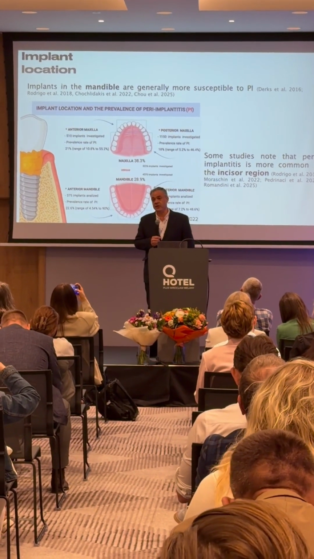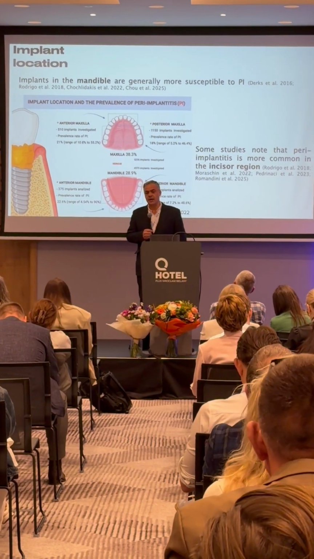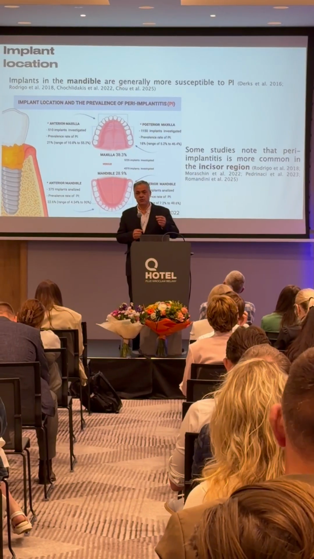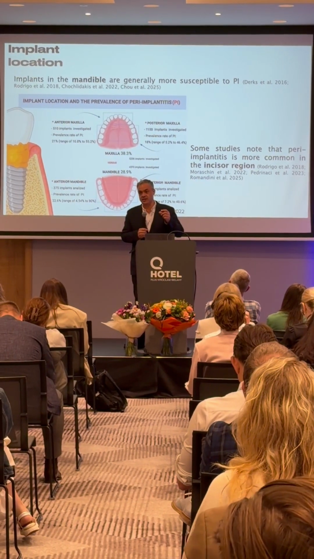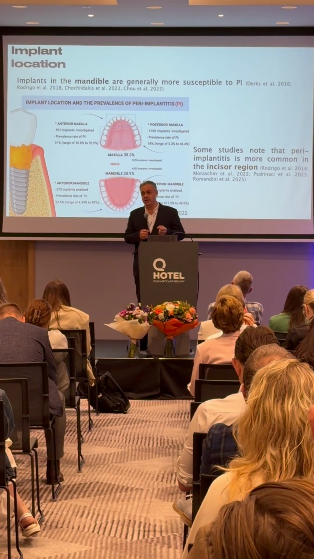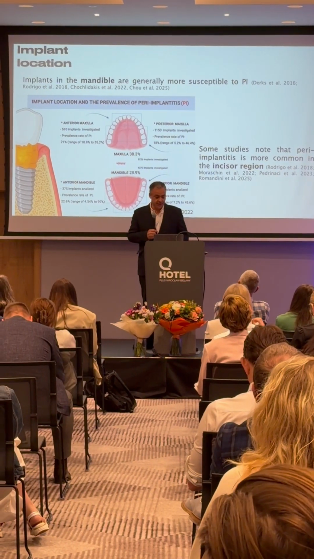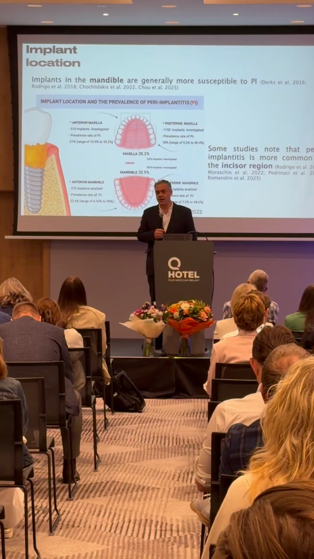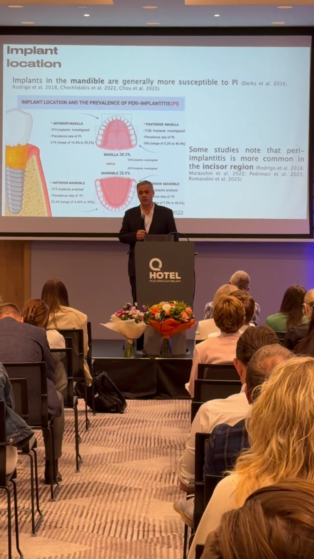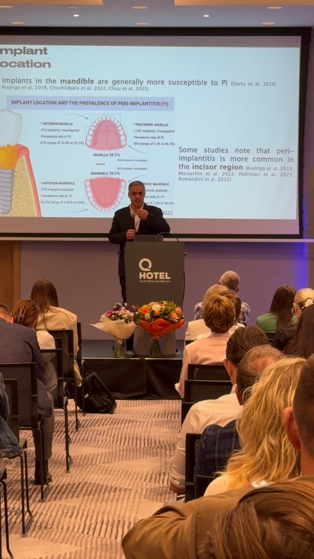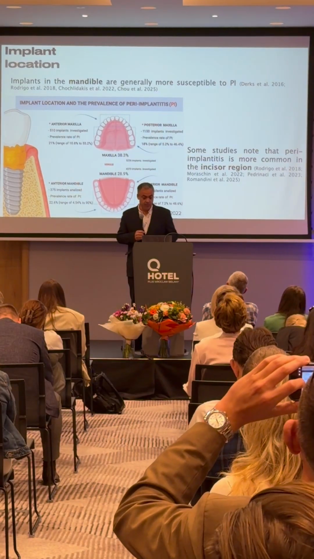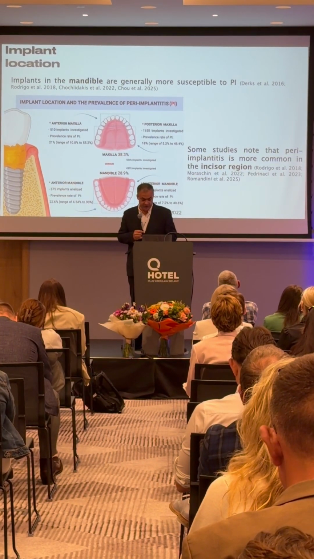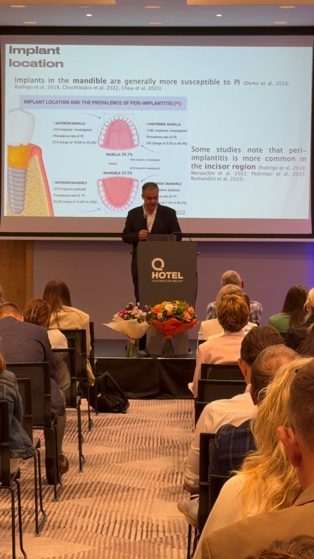In the posterior mandible, for example, we have a thin tissue, normally also a lack of keratinized tissue. The bone is very dense, and that can create also overcompression. Other studies find an increased prevalence of periimplantitis in the anterior region, probably because the bone in that region is very thin and more easily resorbed.